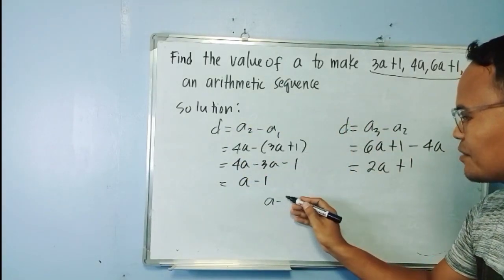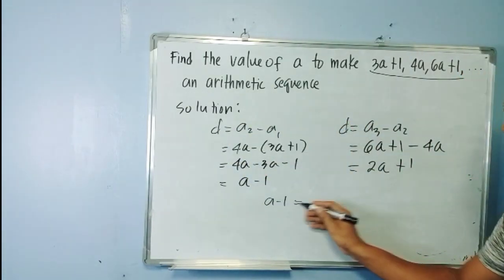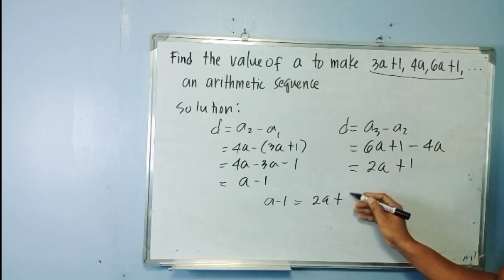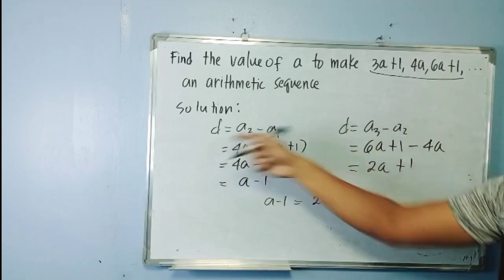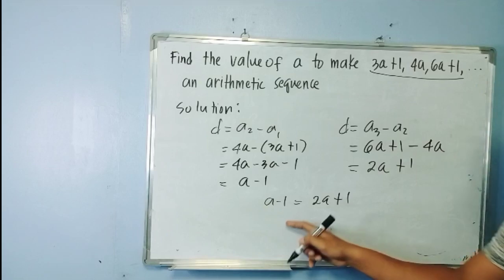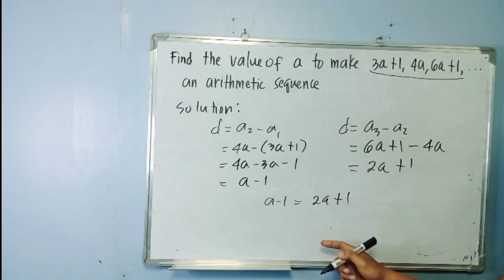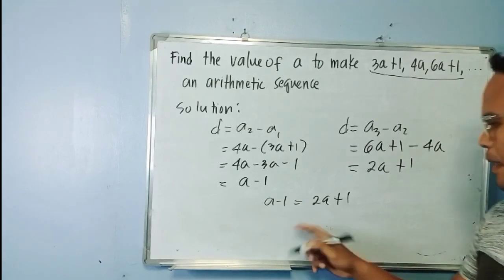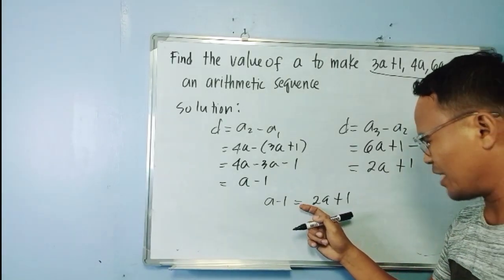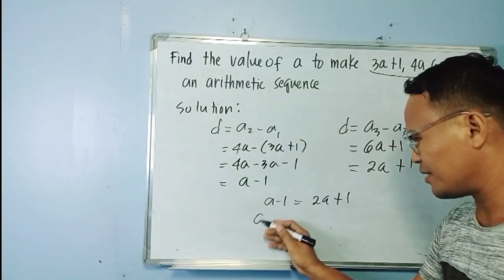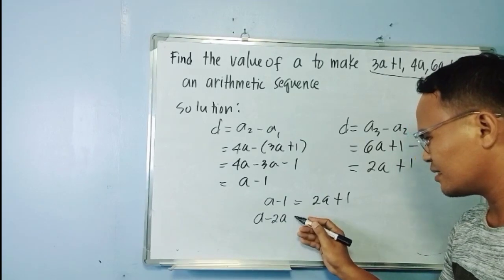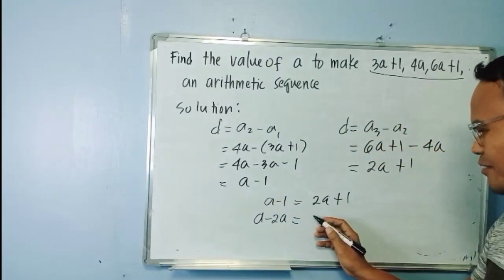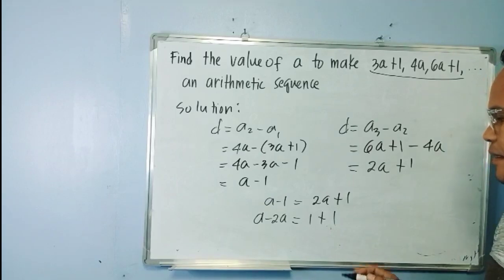Therefore a minus 1 is equal to 2a plus 1 because they have the same common difference. Then solve for a. We are going to combine like terms. So we can transpose 2a to the left side. This will become a minus 2a. And negative 1 to the right side will become 1 plus 1.